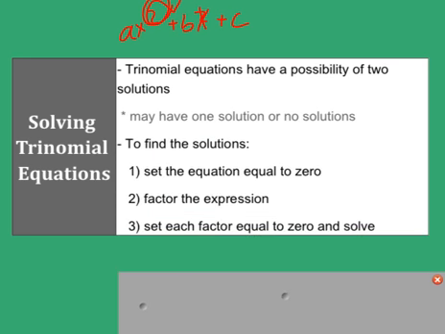To find the solution, set the equation equal to 0. This is really all you're going to see now: we're going to put equals 0 on them, and that means you got to solve them completely. So some of them you're going to have to factor and then solve completely by setting it equal to 0. If it's to the third term, there's probably 3 solutions. But right now we're just going to worry about 2.